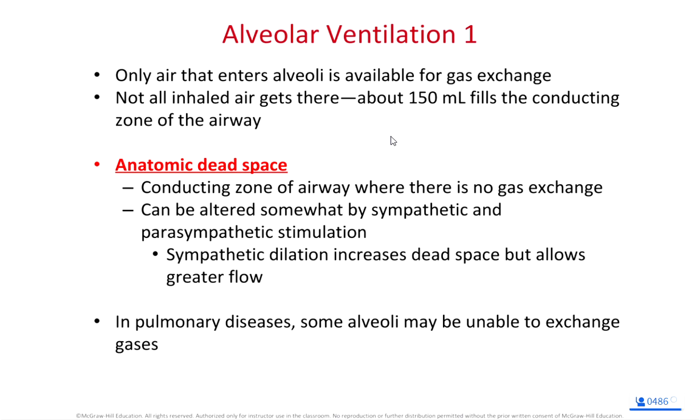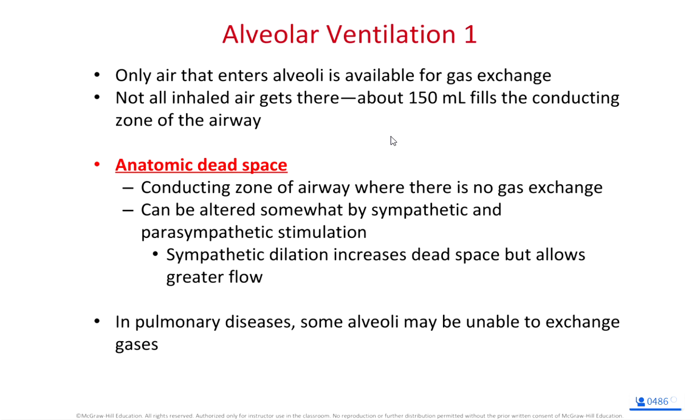Now, air in the alveoli is air that we care about. That's the air available for gas exchange. That's the air available for respiration. And as we look at the air that we breathe in and breathe out, not all of the air makes it into the alveoli. Some air is left over in our nasal cavity, in the pharynx, the larynx, the trachea.